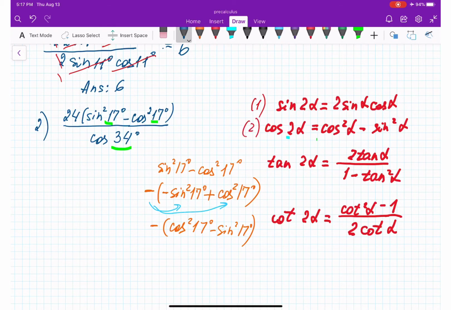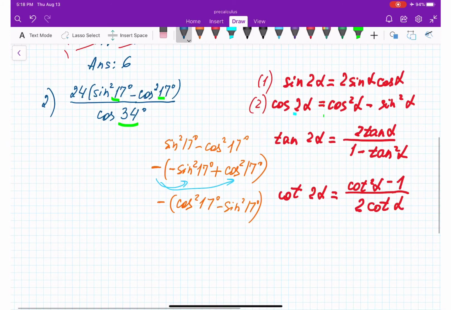Okay? So let me write down. That is going to be negative cosine 2 alpha, which is going to be negative cosine 34 degrees, right?